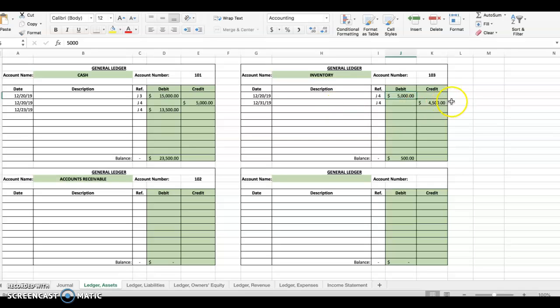So that's why the credit here is $4,500, which represents the 90 cell phones that we purchased at $50 a piece. And that comes to $4,500, leaving us with a balance of only 10 cell phones valued at a total of $500. So we sold most of our inventory here. So that's what this account is showing you.